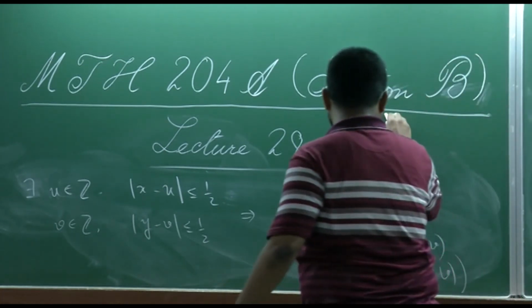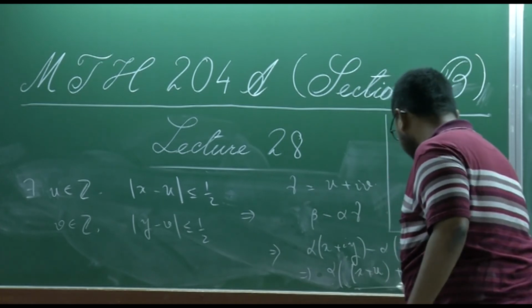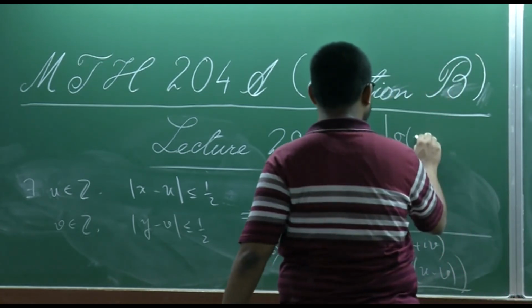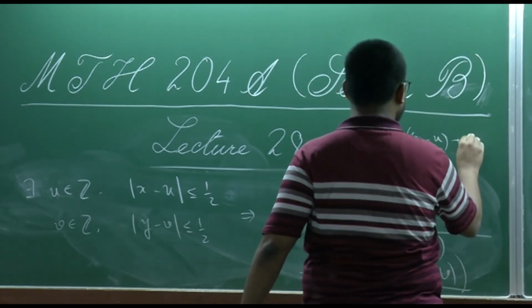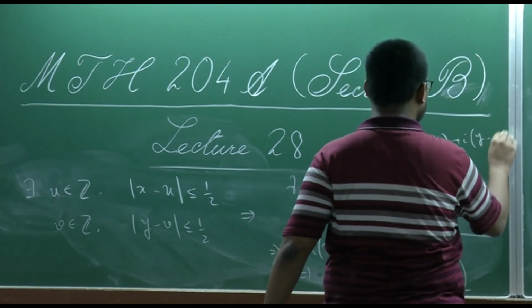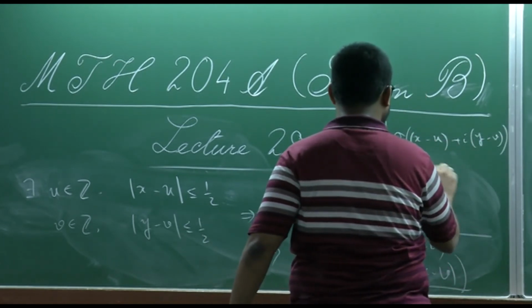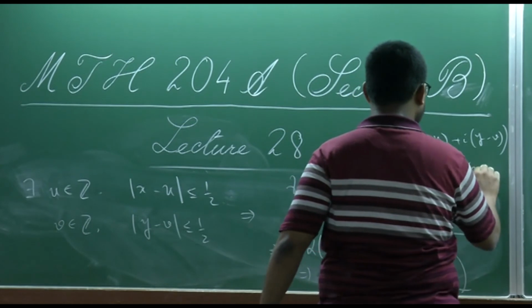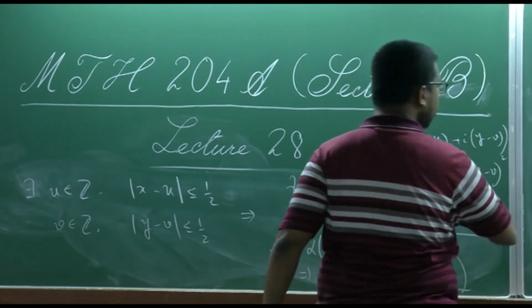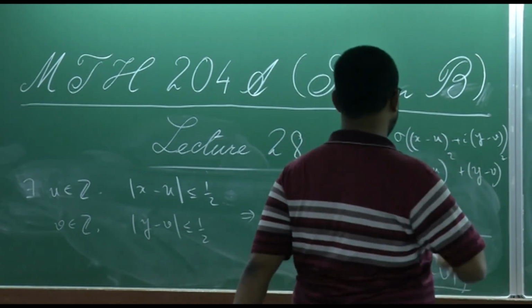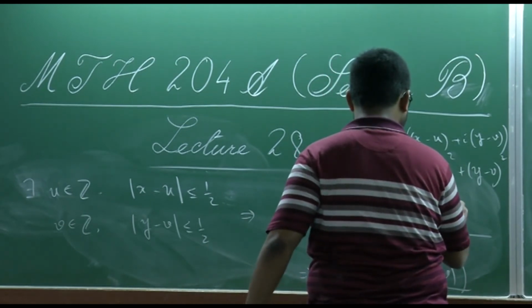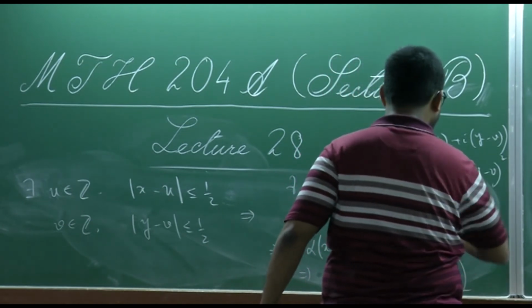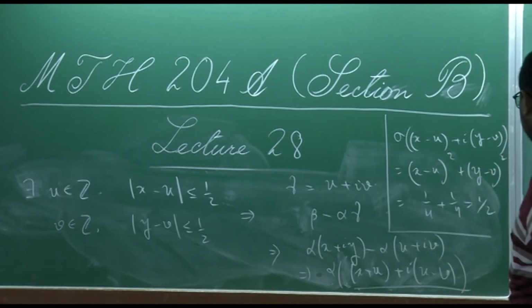What is the sigma of this quantity? Sigma of x minus u plus i times y minus v, the way sigma is defined, is x minus u whole square plus y minus v square, and this is nothing but 1 4 plus 1 4 equal to half. Okay.